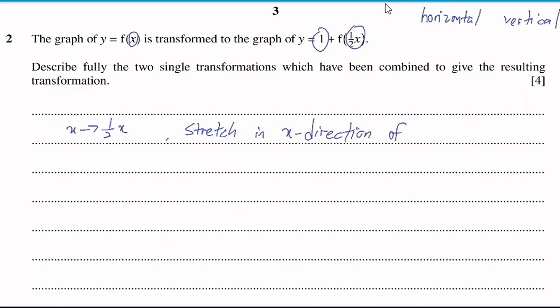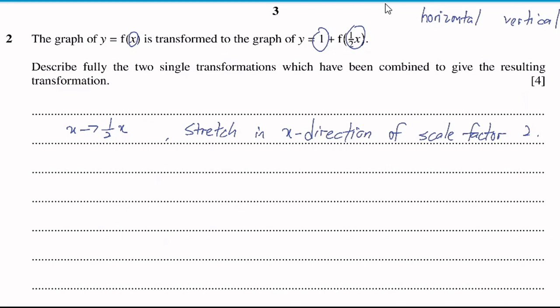Remember for horizontal transformations, the idea is the opposite of what we usually think. From x to half x, the stretch involves a scale factor of 2. So in the x direction, it is the opposite.